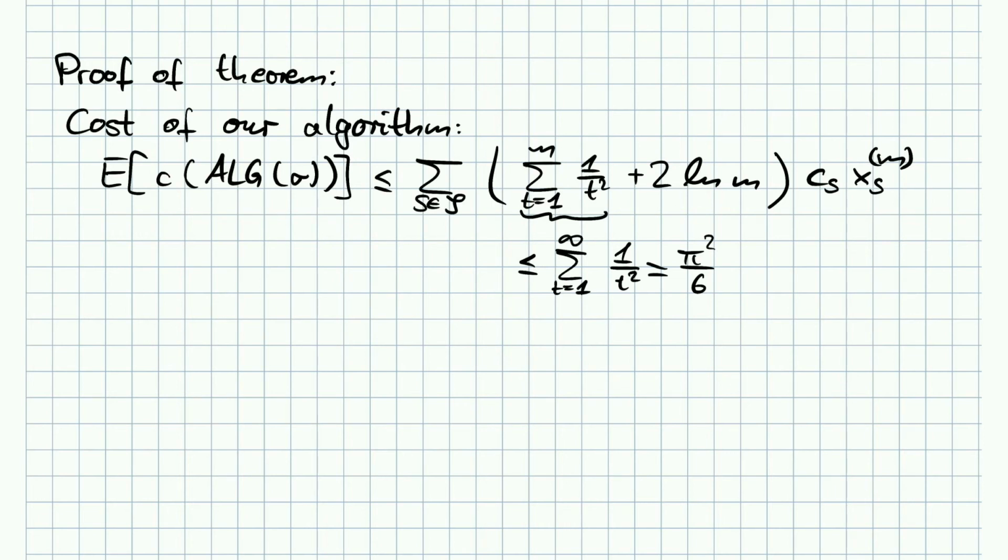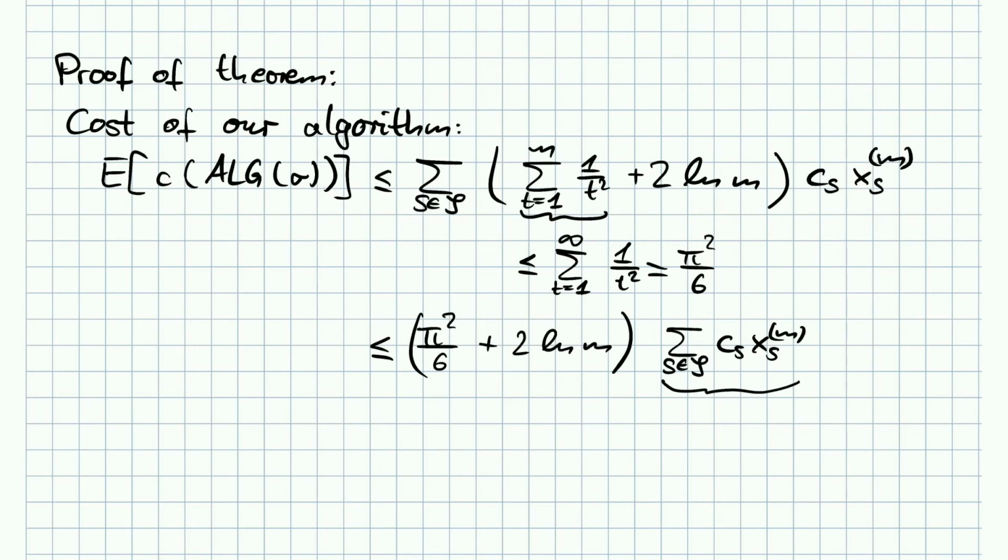So this here is certainly at most some constant times 2 times ln m times the sum of all c_s times x_s of m. And what do we know about this here?